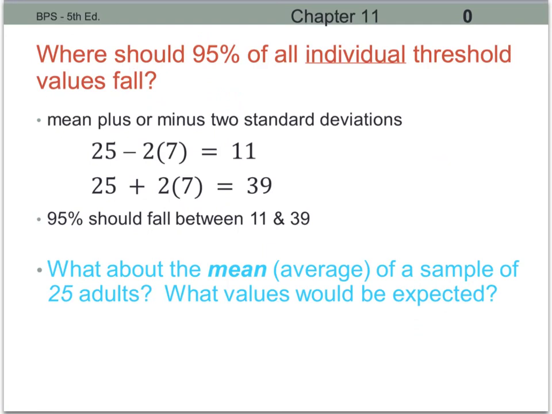So they're going to fall between 11 micrograms per liter and 39 micrograms per liter. But what about if we were looking at the average of a sample of 25 adults? Where would we expect values of that mean, that x bar, to fall? That's what we'll look at in the next video. How do we look at the sampling distribution of sample means?